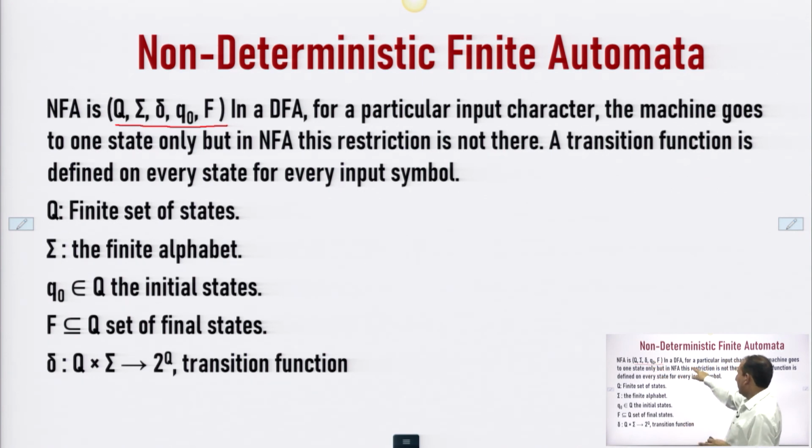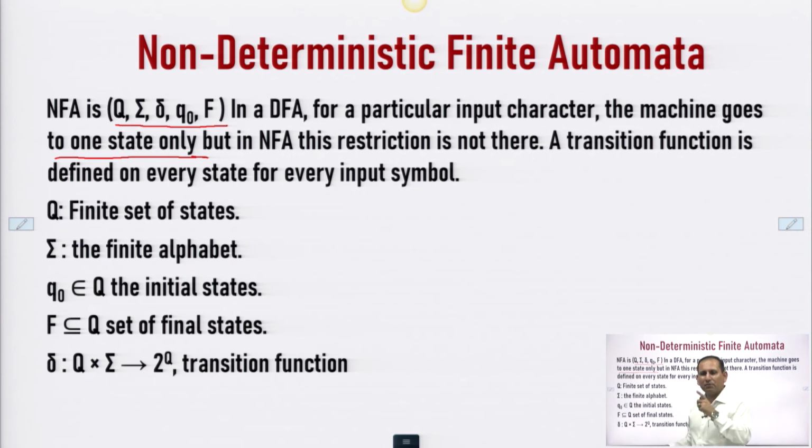In a DFA, for a particular input character, the machine goes to one state only. Please remember this point. In case of DFA, the previous category of finite state machine which I have just discussed, the machine goes to one state only.